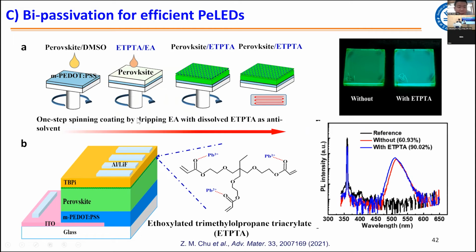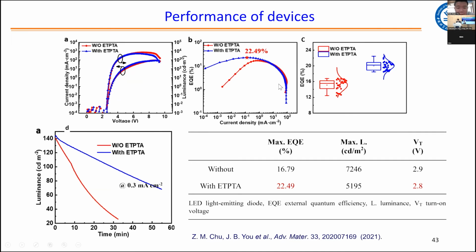So this molecule can penetrate into the perovskite top surface and can passivate the perovskite material and also the surface. We can get over 90% PLQY for these green materials, and over 22.5% external quantum efficiency for these green emissions.